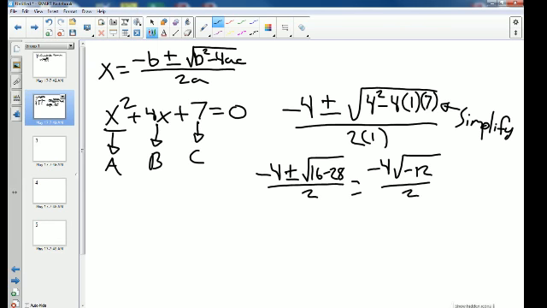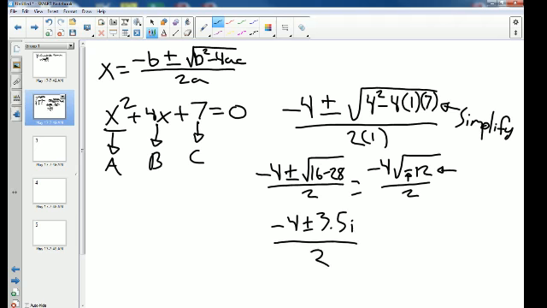To get what's in the square root, since it is negative and not a perfect square, you're going to need to find the square root and put an imaginary with it because of the negative. The final simplification is negative 4 plus or minus 3.5i, all over 2.